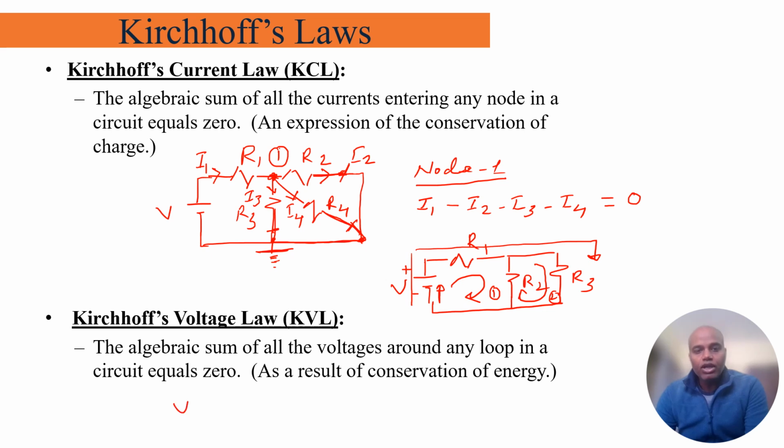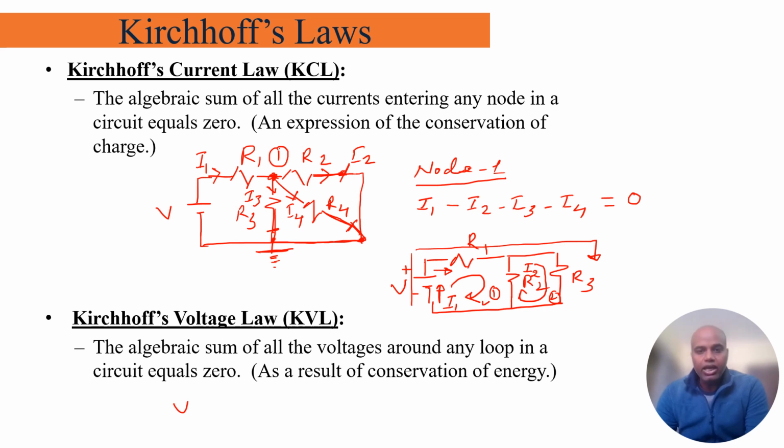When I'm going from lower to higher, the voltage drop will always be positive. Let's say loop 1 has current I1 and loop 2 has current I2. The loop 1 current I1 is entering R1 like this, because I have already chosen the direction of I1, which is clockwise in loop number 1, shown by this arrow, right?